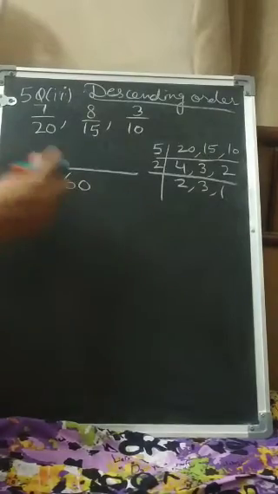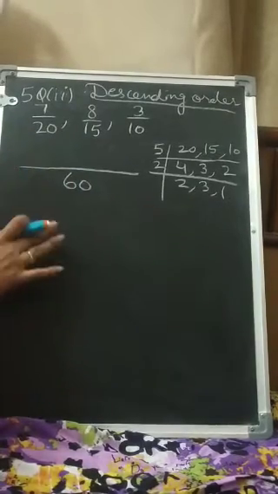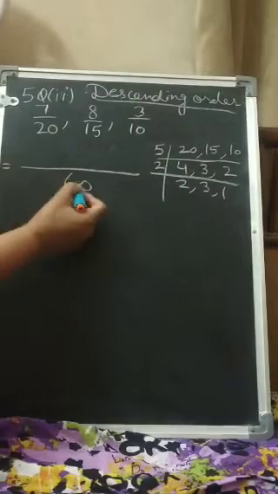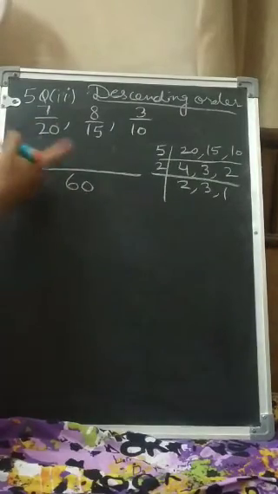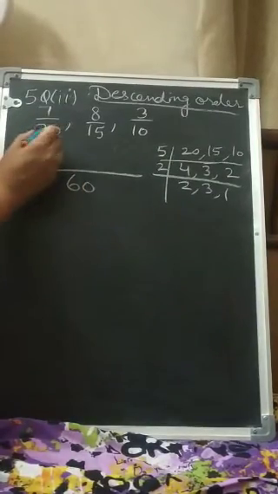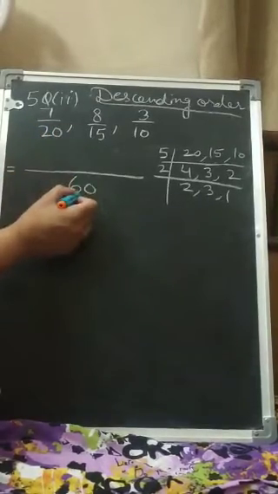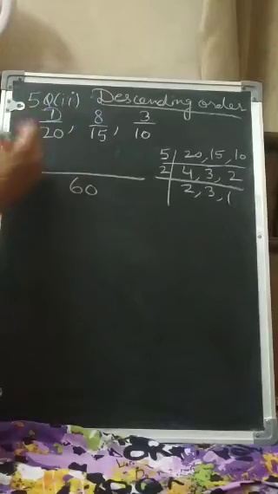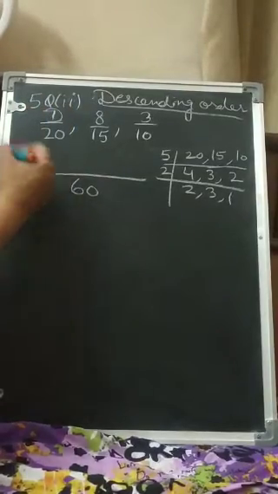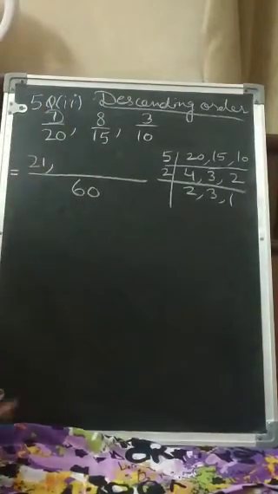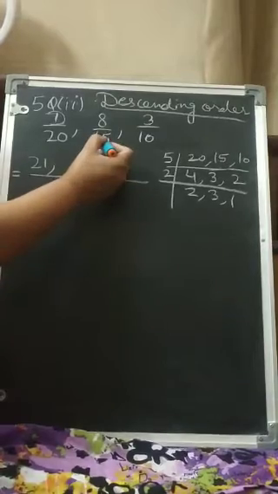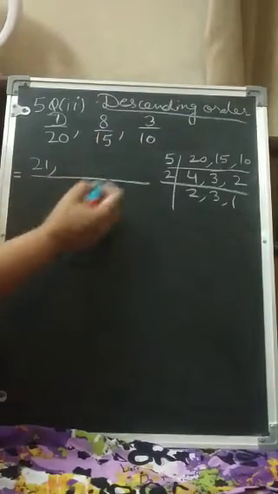Now what is the method? You must understand this method, other parts you will do yourself. 60 divided by 20. LCM divided by whatever the denominator is. What will you get? 3, and 3 multiplied by the numerator will come 21. Again I am telling you how to do it. 60 divided by 15, what will you get? 4.